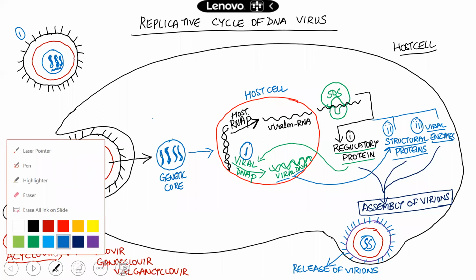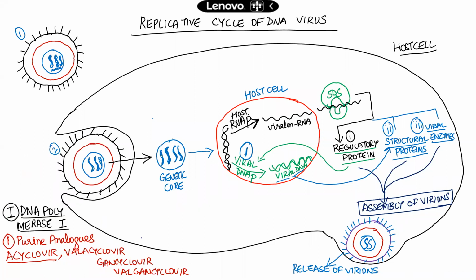Now the second type of drugs that we have over here are your pyrimidine analogs. You have just got three drugs to remember over here: the first is idoxuridine, second is trifluridine, and the third is telbivudine.